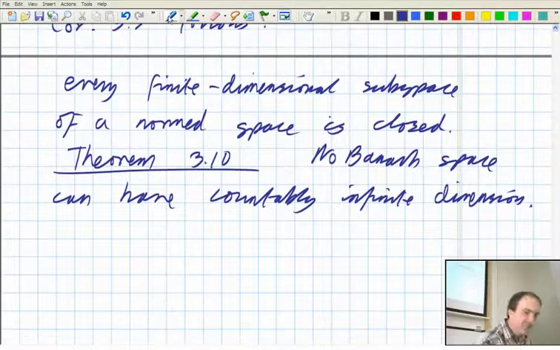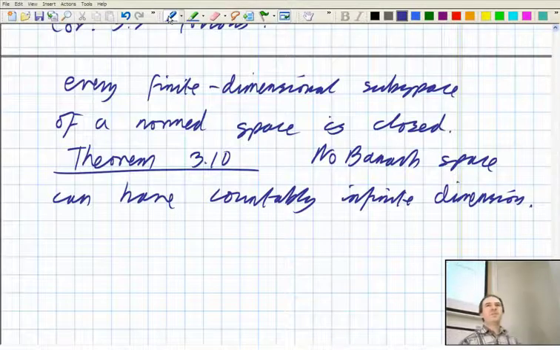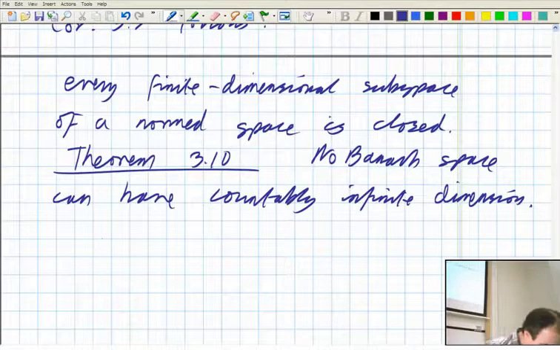We need a preliminary result, which is the rather nice fact about normed spaces, that a linear subspace of a normed space, if it has non-empty interior, must be equal to the whole normed space. So here's a preliminary fact.